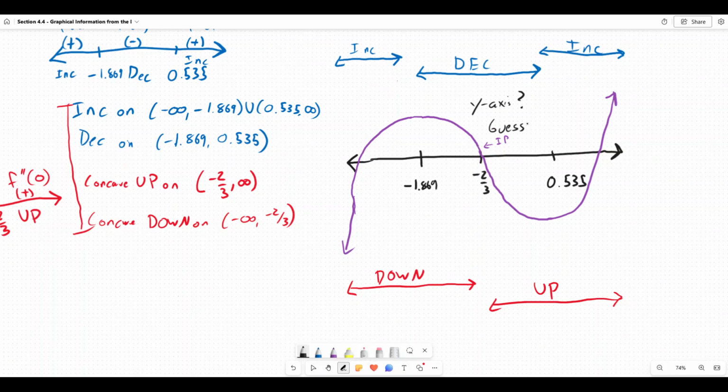We could go further, but again, this is a sketch, a macro view. We're just trying to figure out what we know and what we can identify. And look, something we can identify clearly, hopefully, is that here's a relative max, and here's a relative min. And we get that for free by doing these.